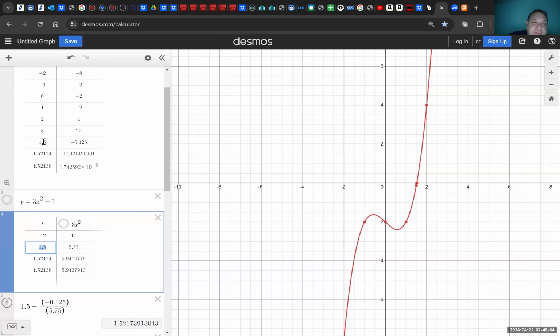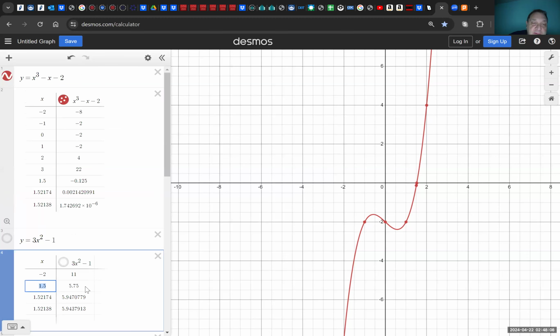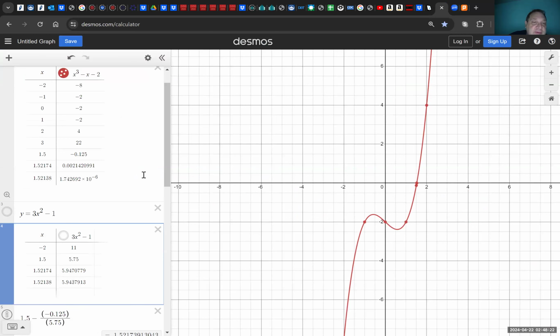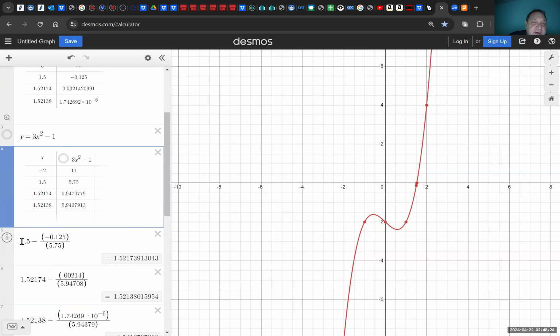So we have the value of the function, we have the value of the derivative, and we have our formula. Our formula says take the 1.5 number and subtract the fraction of the function at 1.5 divided by the derivative of 1.5. I'm flipping back and forth, so hopefully this is not too confusing. So here's where I did the value of the function. 1.5 is the guess.